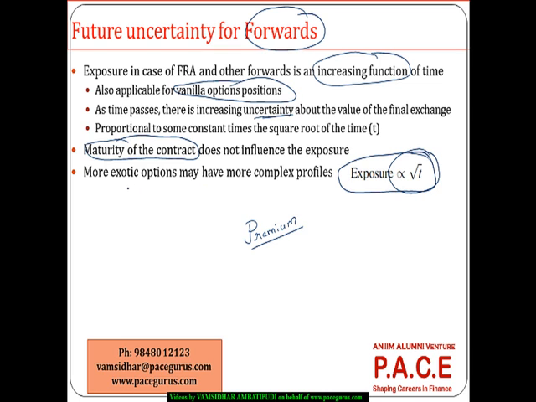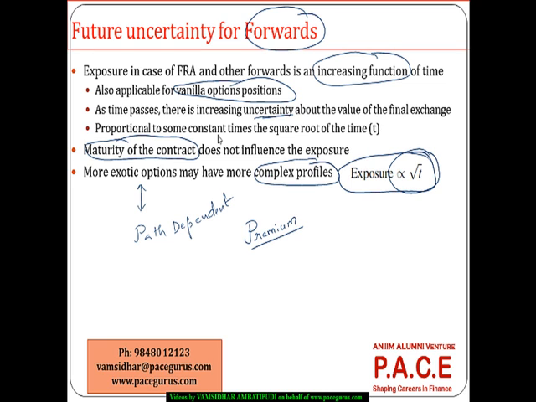And if at all there are many exotic options where the payoffs are completely different and more and more path dependent in some of the cases, probably for those kinds of options the exposure computation is more and more difficult. But exclusively for plain vanilla options, the exposure is directly proportional to the square root of t.